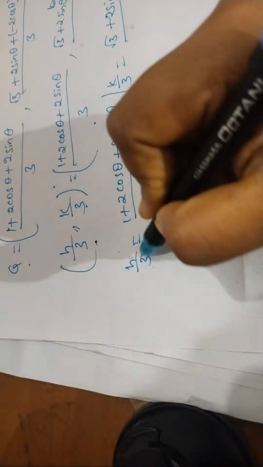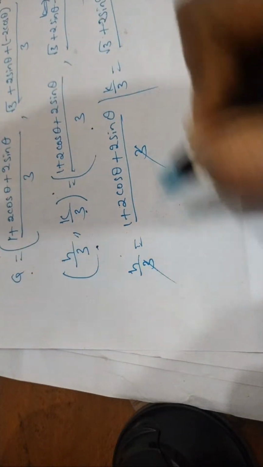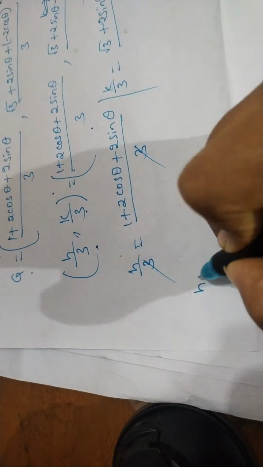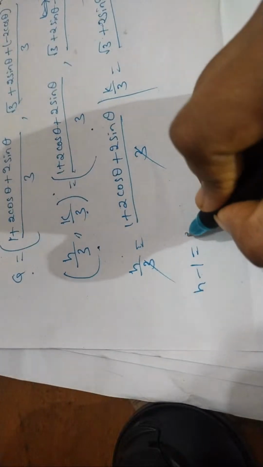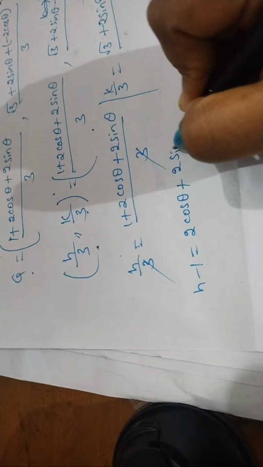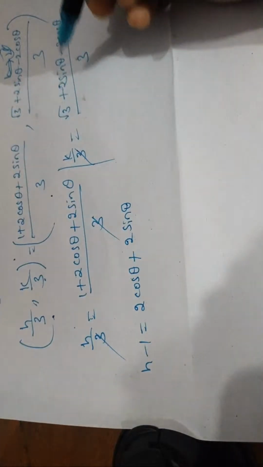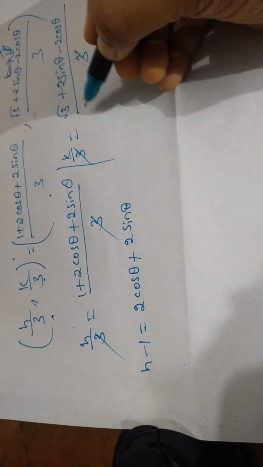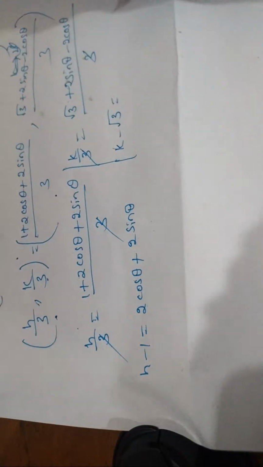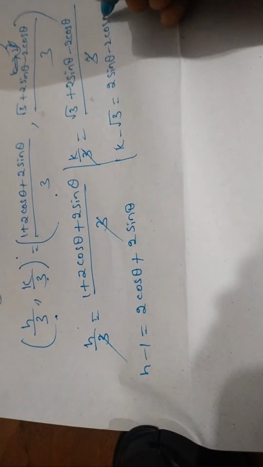Now simplify this. 3 cancels, and taking constants to the left hand side, we get h minus 1 equals 2 cos theta plus 2 sin theta. And here 3 again cancels. Sending the constant to the left hand side, we get k minus root 3 equals 2 sin theta minus 2 cos theta.